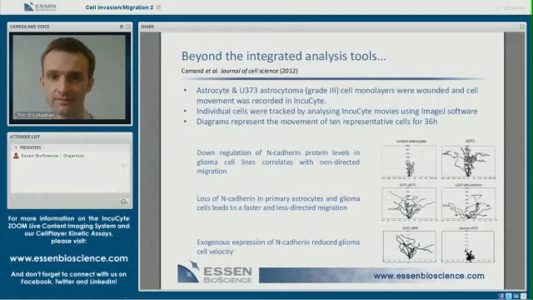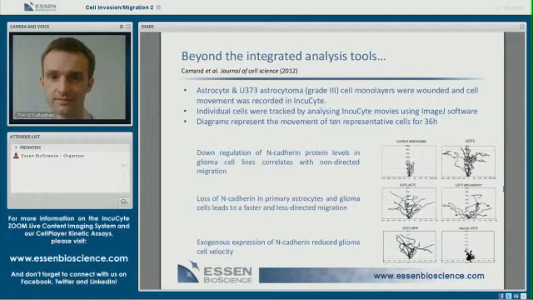Individual cells were tracked by analyzing the movies using ImageJ software, and the diagrams on the bottom right here show the movement of 10 representative cells over the course of 36 hours.